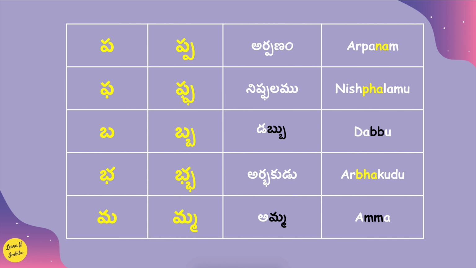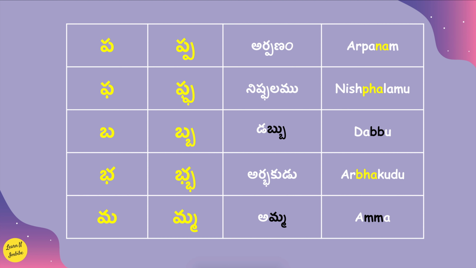B, Dabbu. Here, the first and the second consonant belong to the same B family. Dabbu, which is money. Bh, Arbhakudu.